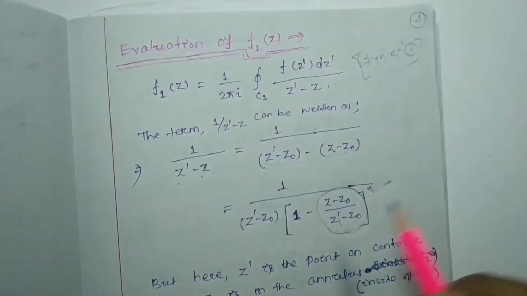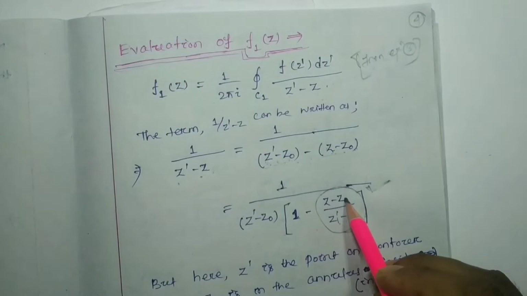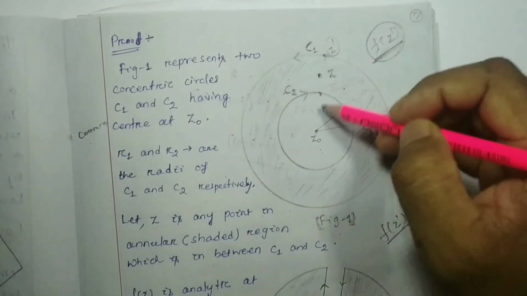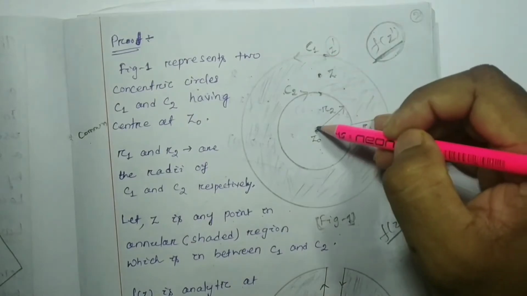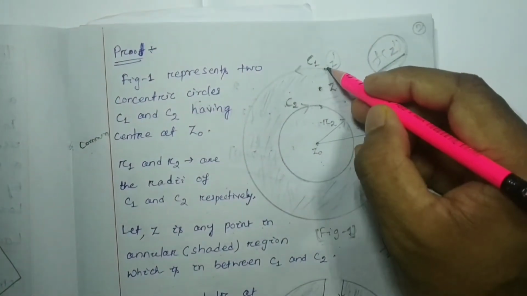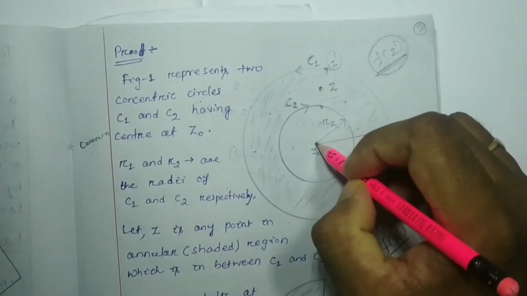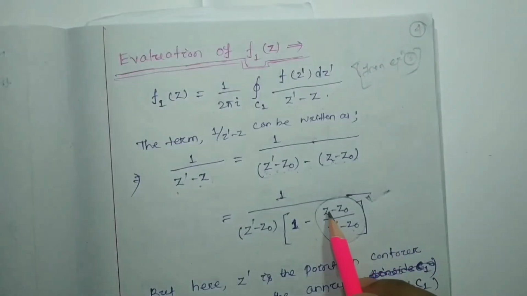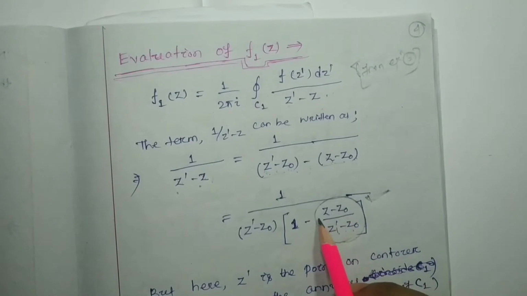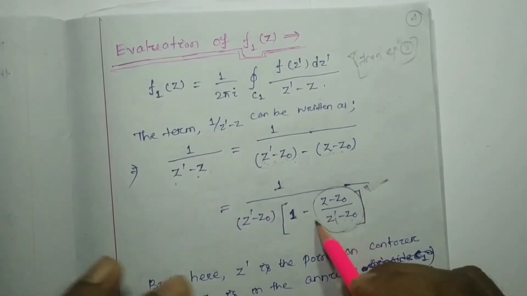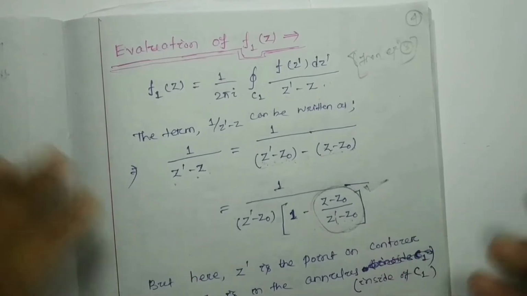So z minus z0, the smaller length, divided by z dash minus z0, the larger length, obviously has modulus less than 1.